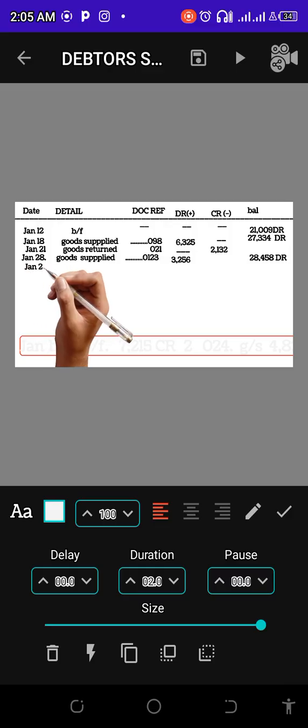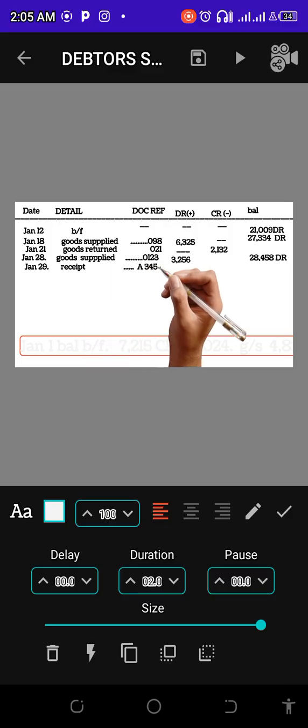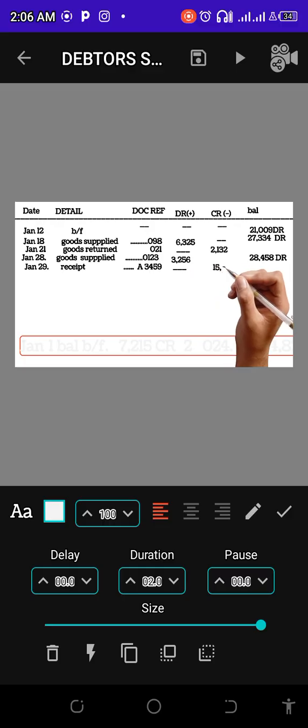The debit balance. By January 29, there was a cash payment or check issue, whose number is A3450. And when a check is issued or cash is paid, it will be by the credit side to reduce the debt that XYZ and Co is owing.